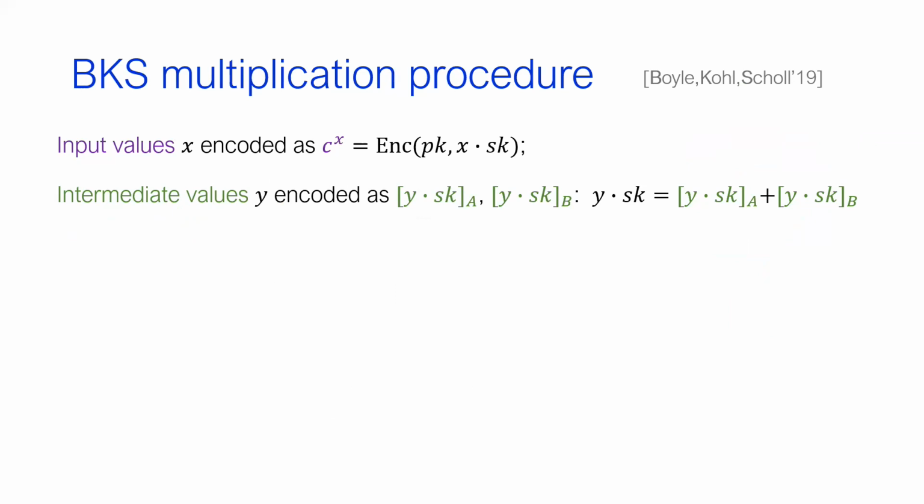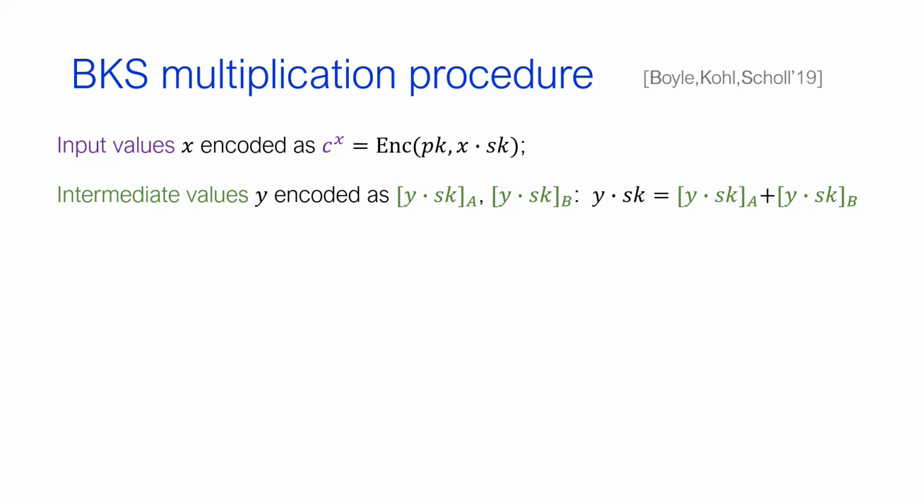Recall that we want to implement two types of operations homomorphically: addition, which is going to come essentially for free by linearity, and restricted multiplication. Here we have an underlying encryption scheme based on LWE, and our input values are going to be encoded as ciphertexts, and our intermediate values are going to be additive shares.